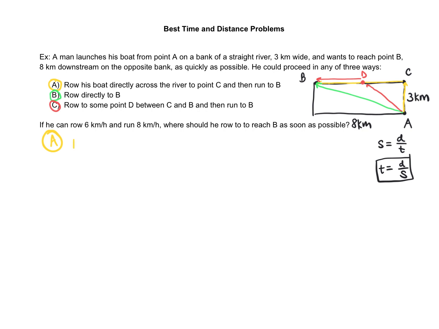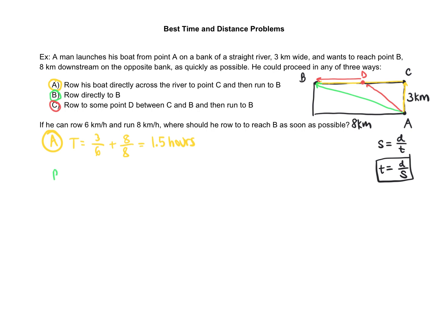So his total time has 2 components. The first portion is a distance of 3, and he can row 6 kilometers per hour. So that's 3 kilometers divided by 6 kilometers per hour. Then he's going to run 8 kilometers at a speed of 8 kilometers per hour. And if we evaluate this, that's 1.5 hours. That's option A.